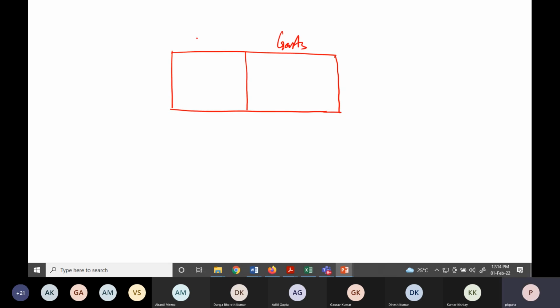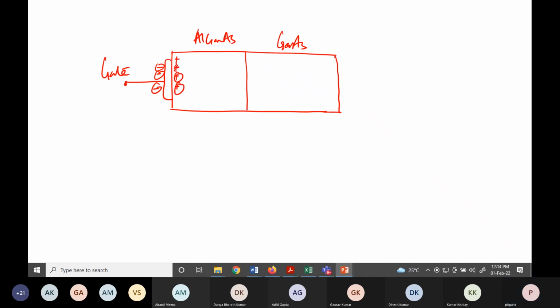So this is gallium arsenide, this is aluminum gallium arsenide, and this is our gate. Now if we apply negative voltage here, if VGS is negative, then what will happen?